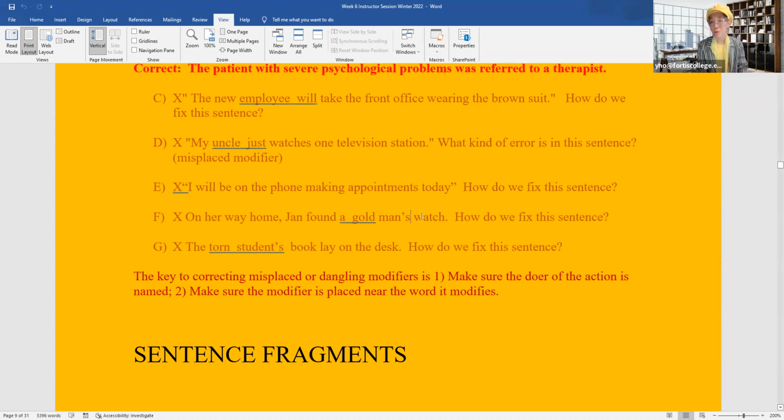So whenever you've got to move the modifier to another spot in the sentence, that means you have a misplaced modifier mistake. The torn student's book lay on the desk. So the student is not torn in pieces. It's the book that's torn. So you would have to say, the student's torn book lay on the desk. So this is also a misplaced modifier mistake.